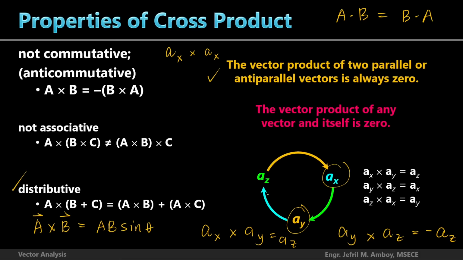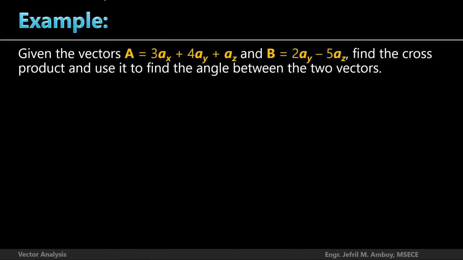So I think this is an easier way for us to determine the cross product of two different unit vectors in Cartesian coordinates. Now that you already know the definition of the cross product and its properties, it's time to solve some example problems. Here's the first example.